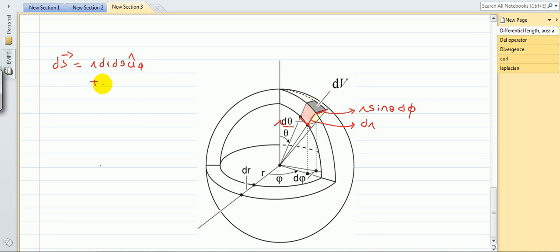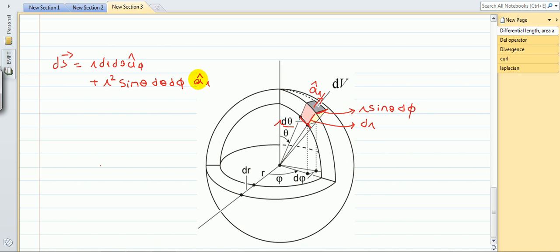So I can write r square sine theta d theta d phi, and the unit vector is in the direction of ar cap.